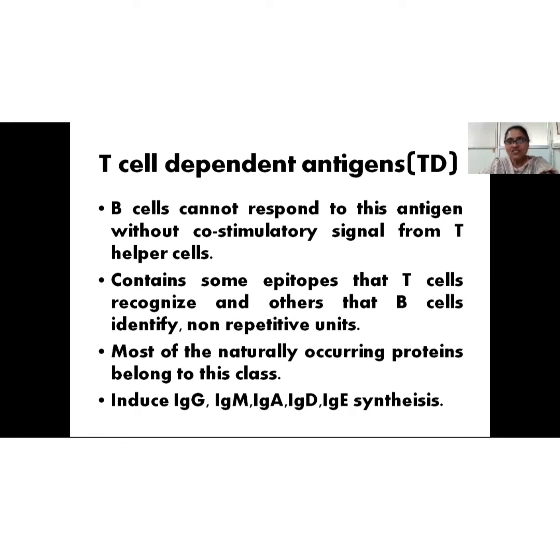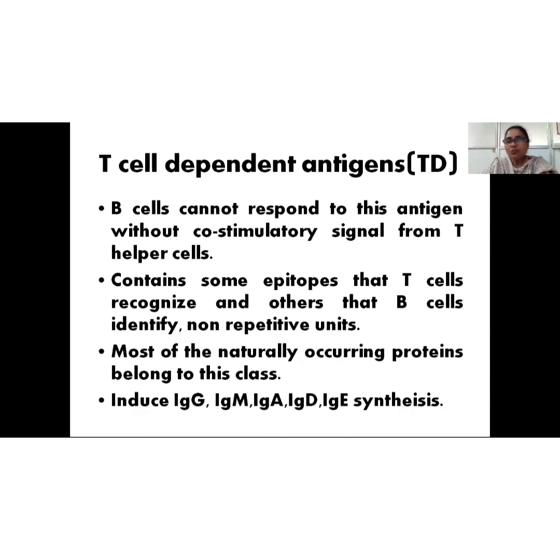And what are those antigens? Most of them are naturally occurring proteins. So naturally occurring proteins belong to the class of T cell dependent antigens, and here the help of T cells will be needed.